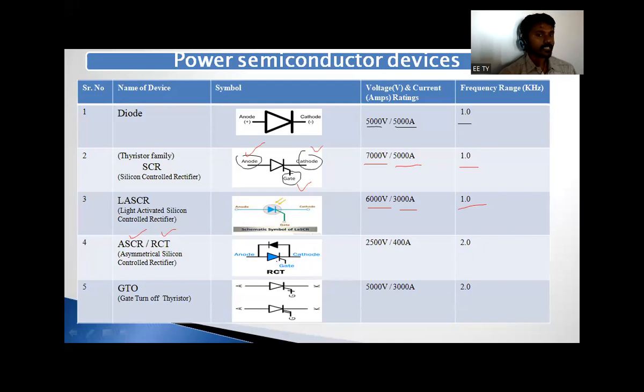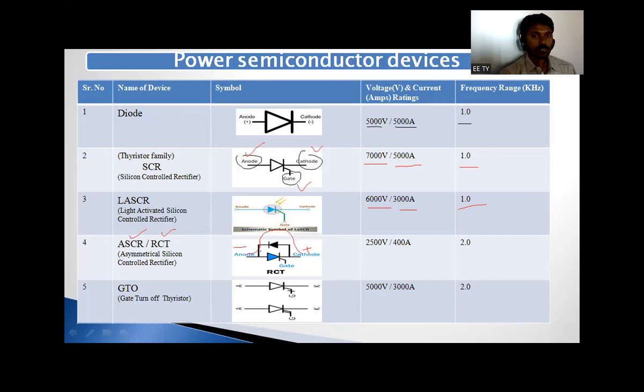Because we have taken the thyristor and one diode. This diode is connected anti-parallel. So when this becomes positive and this becomes negative, the current flows in this direction. Is it clear? That's why this device can conduct in reverse also, and that's why it is named reverse conducting thyristor.